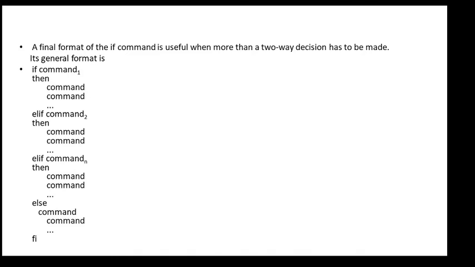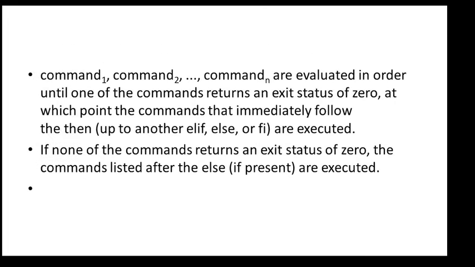A final format of the if command is useful when more than a two-way decision has to be made. The general format is: if command 1, then commands; else if command 2, then these commands will execute; else if up to command n, then these commands will execute; else this command will execute.